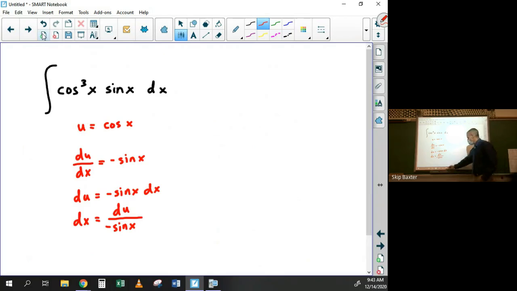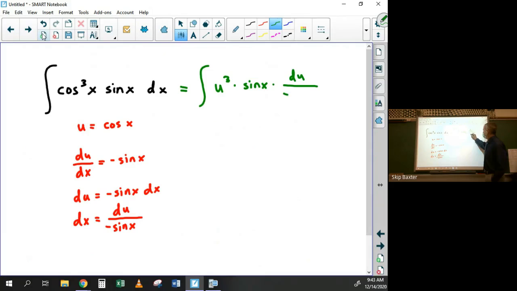Now you make the substitution. So cosine x was really u, so this is really just the integral of u cubed times sine x times dx, which is du over negative sine x. At this point, everything that has an x in it should cancel. And it does, right? The sine x cancels with the sine x. Good to go.